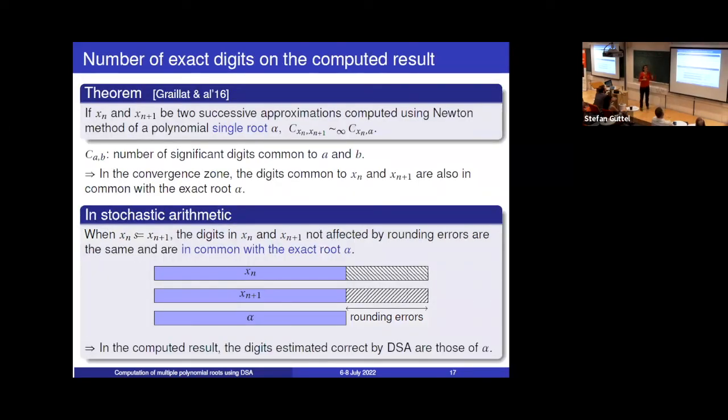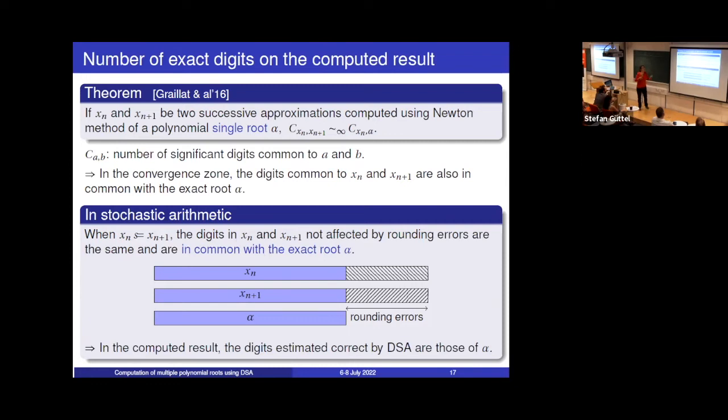And we take benefit of a theorem that says that if we compute using the Newton method a polynomial single root, then when we have reached the convergence zone, the digits which are common to 2 successive iterates are also in common with the exact root alpha.